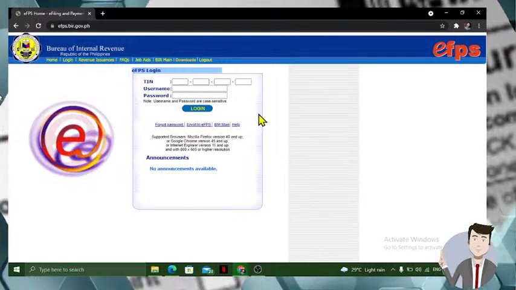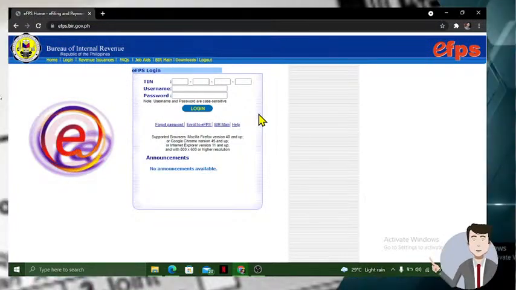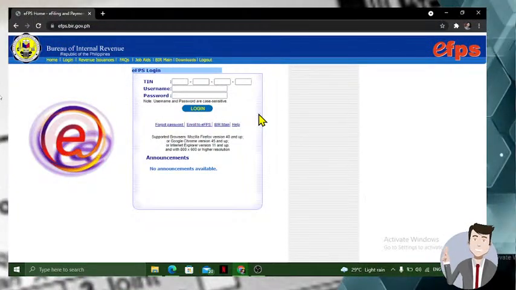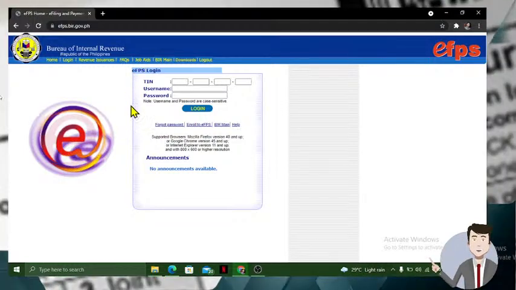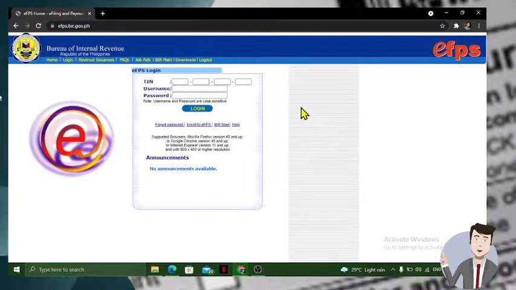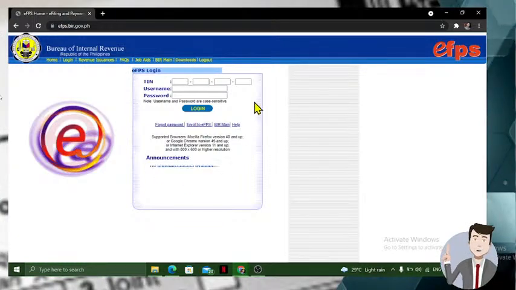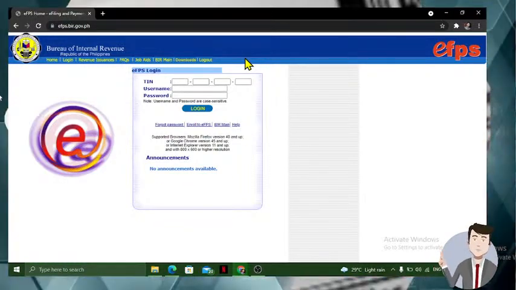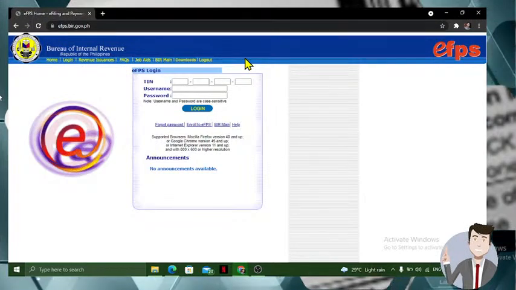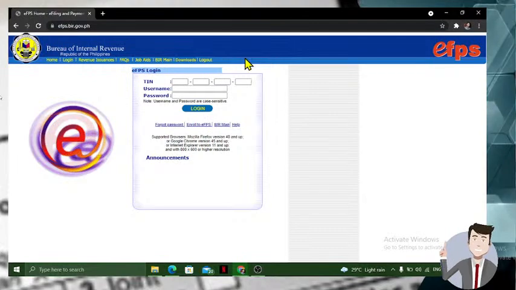We will discuss that later. With the EFPS facility, you encode your income tax return online, after which you can pay your income tax due using the same facility, based on your bank which is accredited by the Bureau of Internal Revenue EFPS.